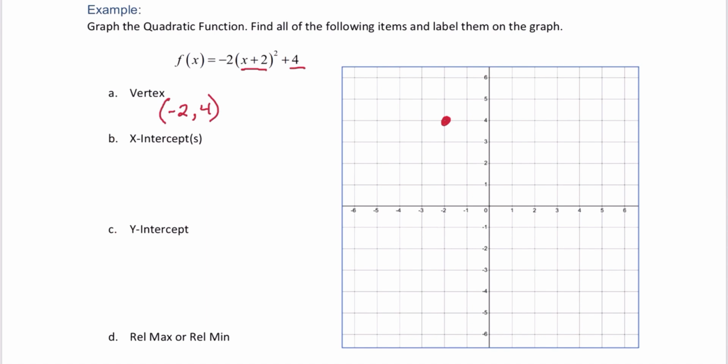The x-intercepts, we can set y equal to 0. 0 equals negative 2 times (x plus 2) squared plus 4. We'll start by subtracting 4 on both sides. Divide both sides by negative 2.